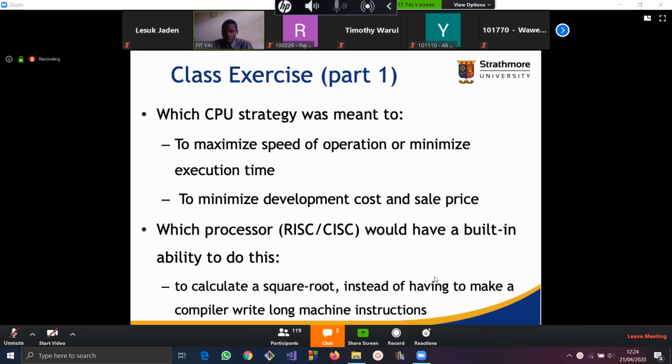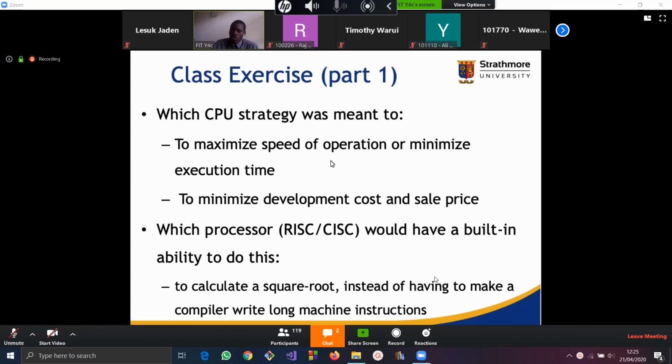So the time taken for one instruction depends on the processor. The strategy is what we are talking about in this exercise.